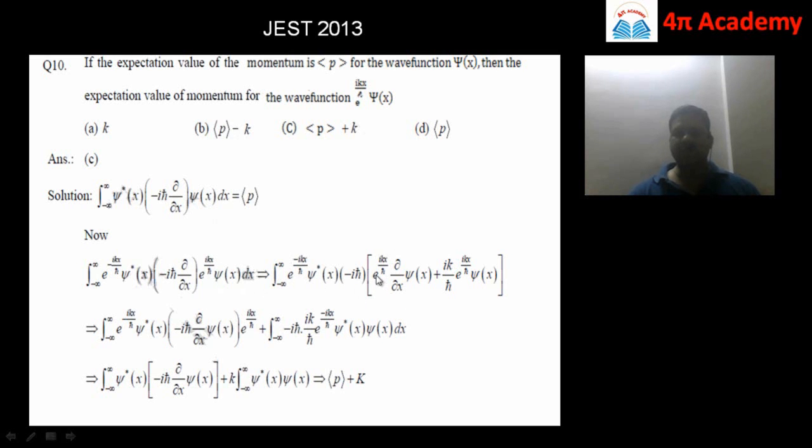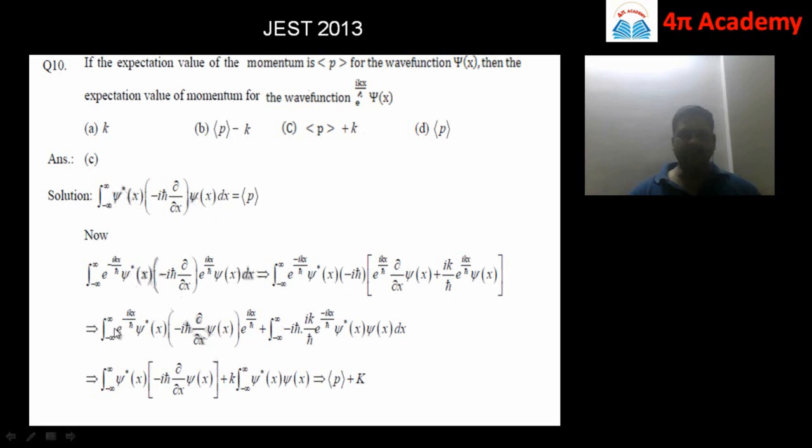So first we take e raised to power ikx upon h cross as constant, and then operate del del x on psi. So it will be e raised to power ikx upon h cross del del x of psi of x, plus then we take psi of x as constant and operate del del x on e raised to power ikx upon h cross. So it will be again e raised to power ikx upon h cross, multiplied by ik upon h cross. So it is ik upon h cross into e raised to power ikx upon h cross into psi of x.